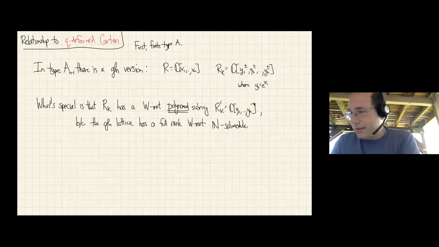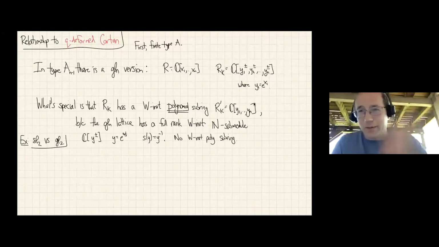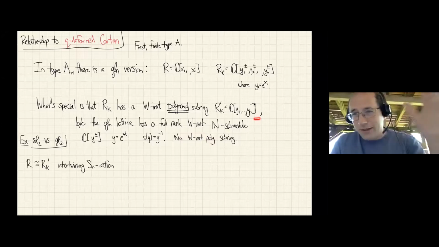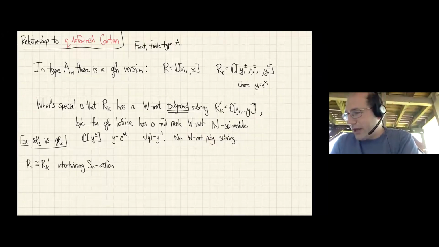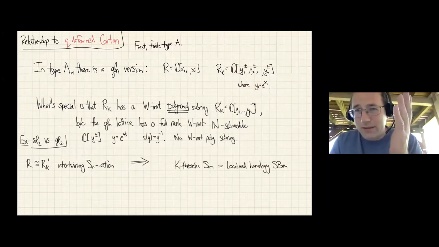Okay, so that gives us this polynomial subring. So this polynomial subring and this are completely isomorphic as a W module and everything. So the K-theory Soergel bimodules are just bimodules for this thing, but then you localize your variables.